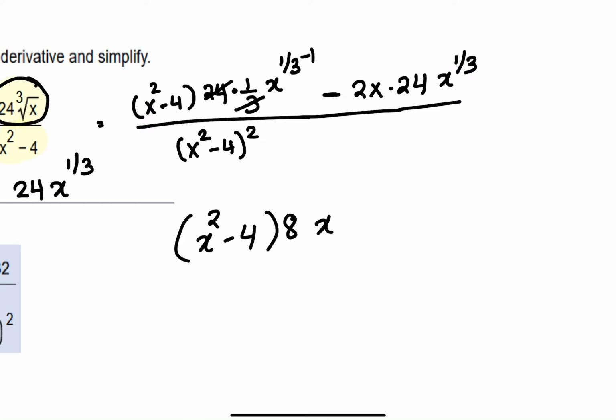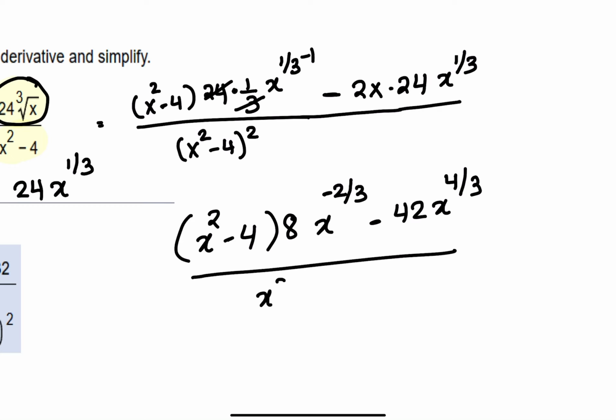And x to the power 1/3 minus 1 is negative 2/3, minus this is 42 x. 1 plus 1/3 is, what is 1 plus 1/3? This is 4/3. I blacked out for a second. And this is x squared minus 4 whole squared.